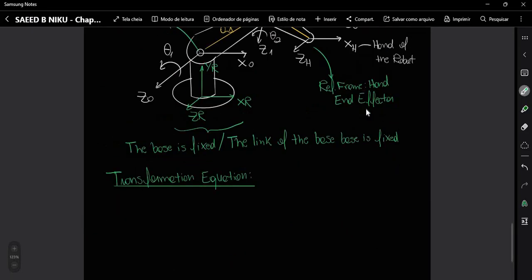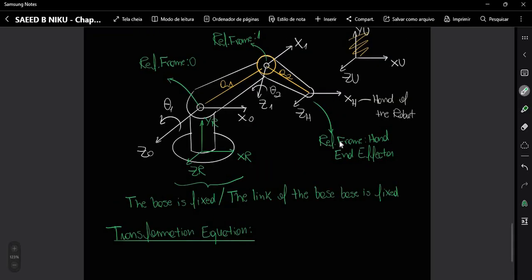So let's write it in parts. The first transformation that we can identify is the desired total transformation, which is the transformation that we make from the first frame to the last frame.